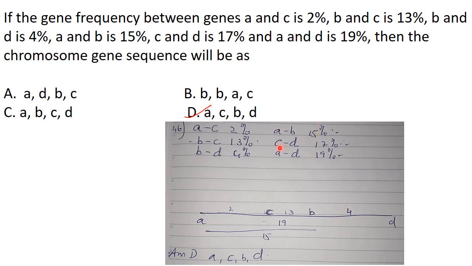So that is also correct. C and D 17. 13 plus 4 is 17. A and D is 19%. So A, C, B, D is the correct sequence. Answer is option D.